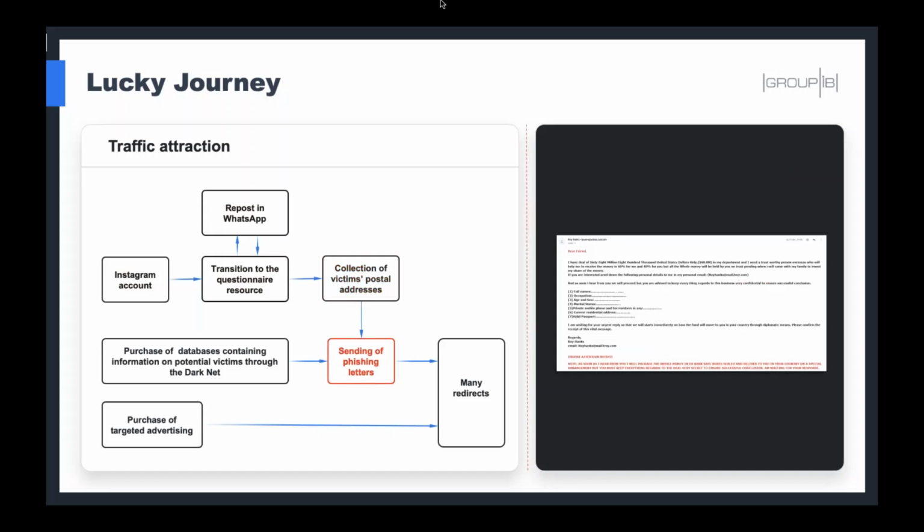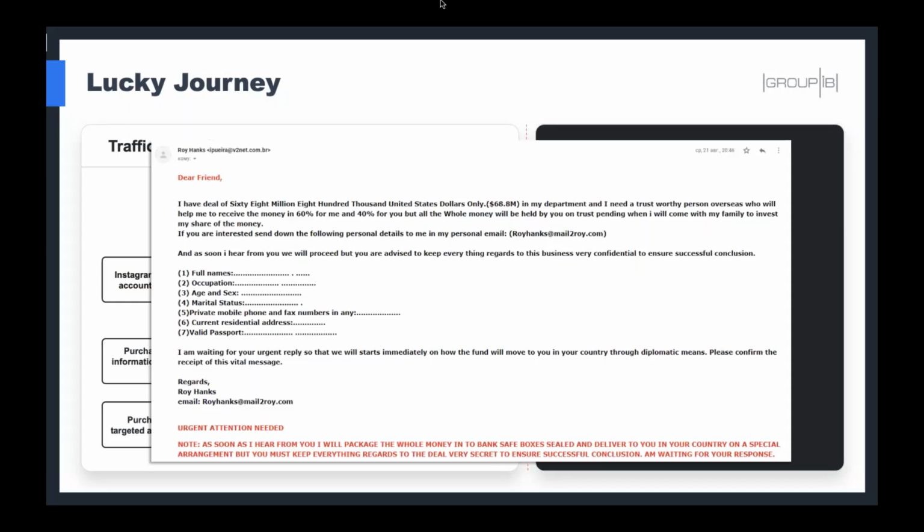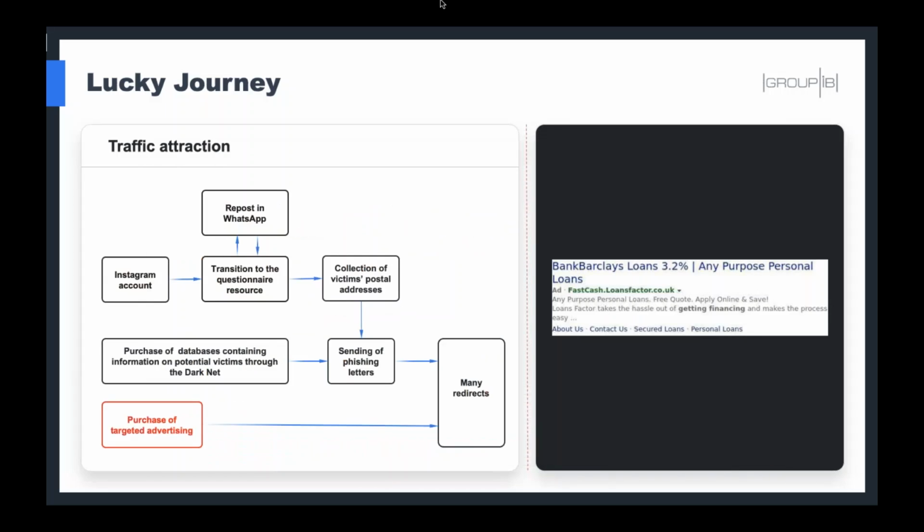But as soon as you leave it, you will get a special letter. Sometimes it is made like a phishing letter, but day by day they're trying not to use phishing because it is blocked by, for example, Google Mail, Yahoo Mail, etc. So they send you just an original email with a link. And of course, you can get to the distant link via contextual advertisements.